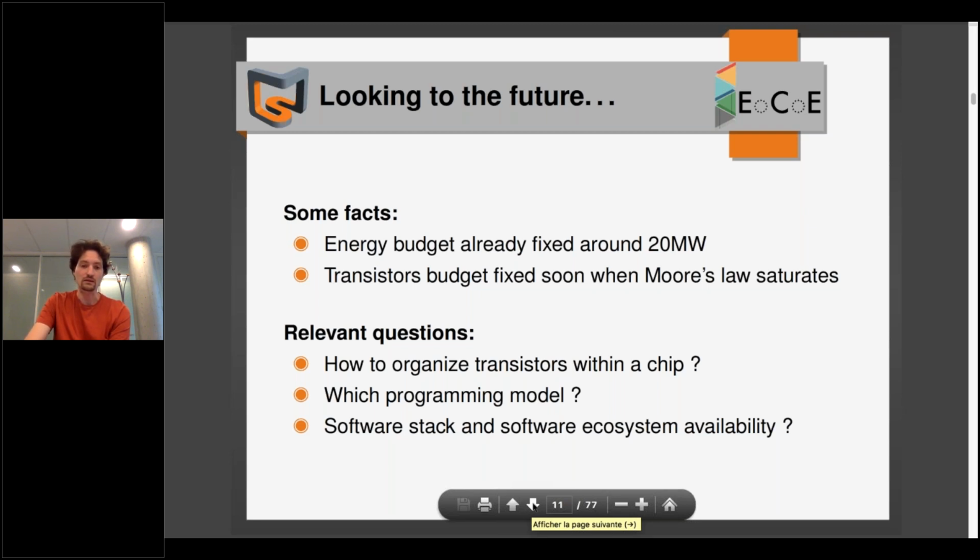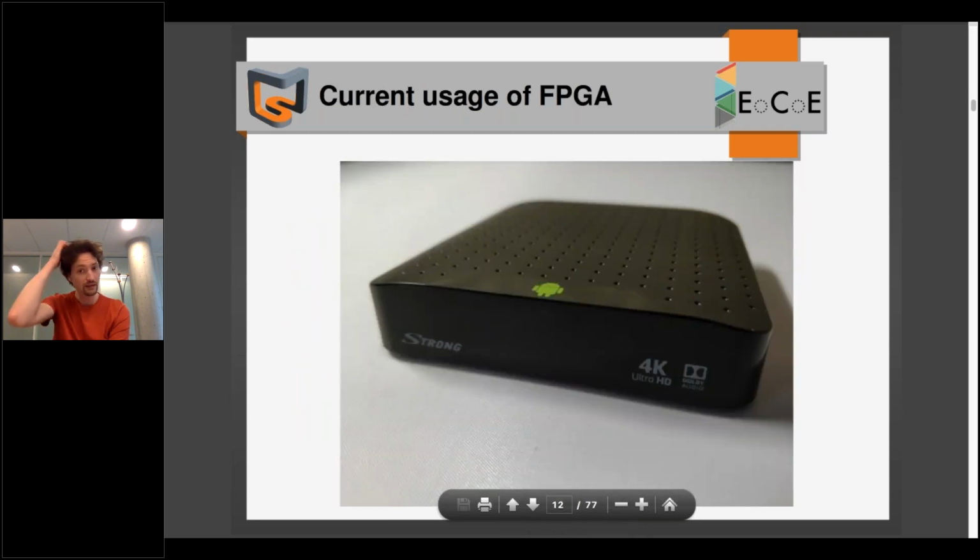Let's have a look at this. Currently, FPGAs are typically used in the kind of device you're seeing here, the kind of boxes you have under your TV. The compressed video stream that comes from the internet goes inside the chip.